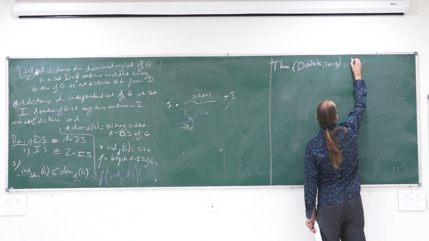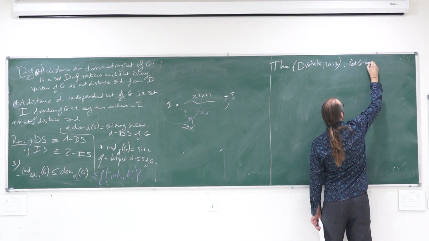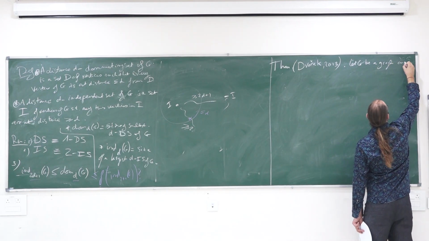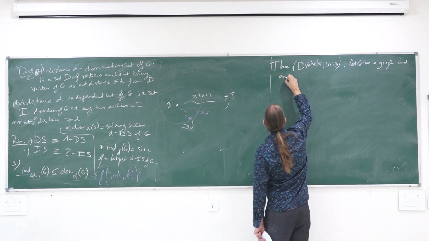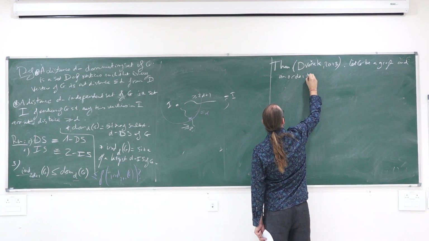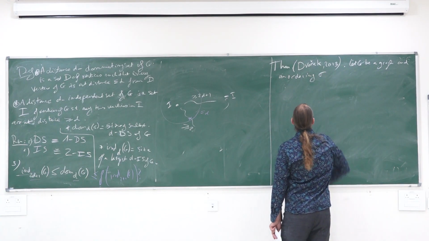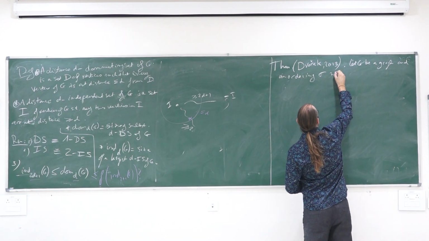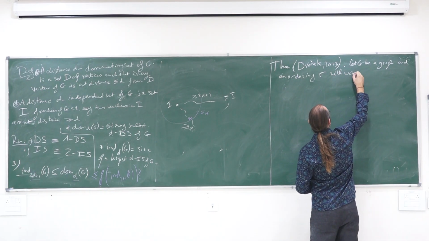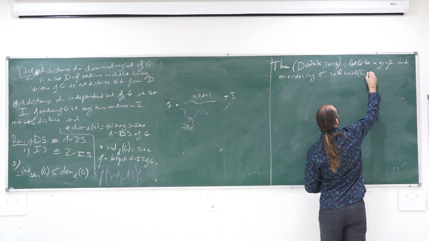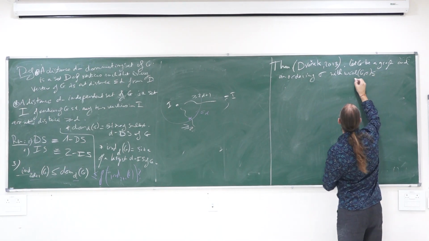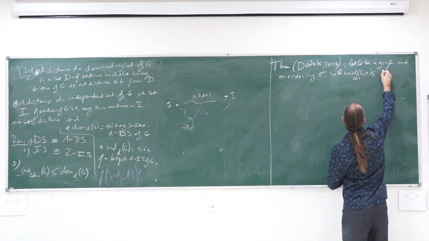So, G, and now an ordering sigma, where the weak coloring number of this graph in sigma at distance 2d plus 1 is at most some constant c.